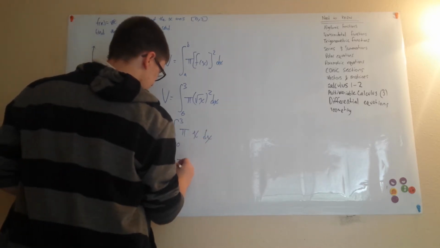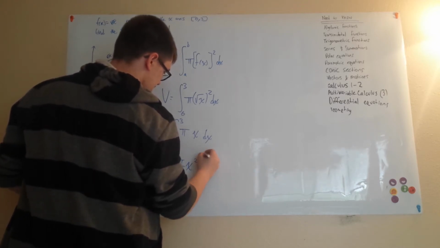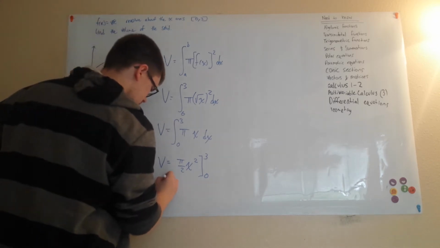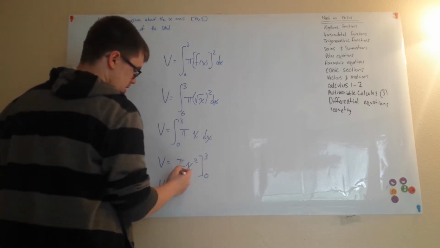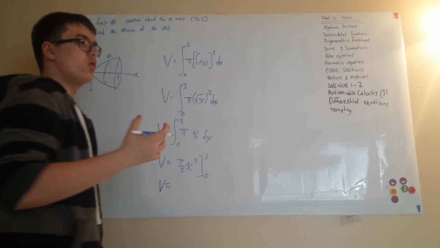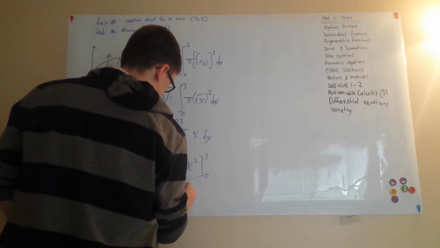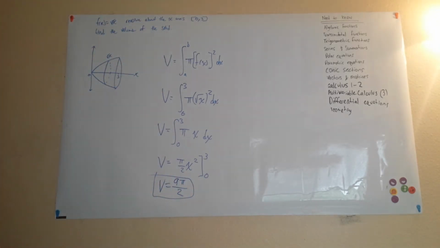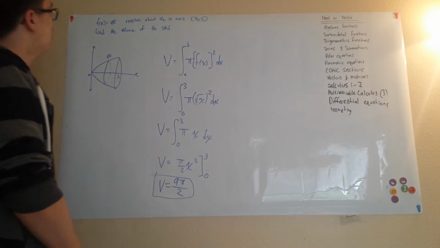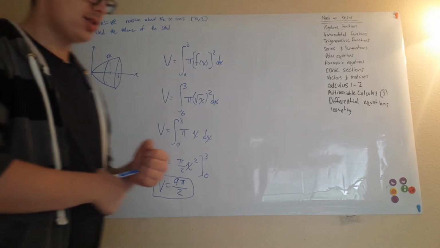Well, this is pi over 2 x squared from 0 to 3. If we plug in 0, it's going to give you nothing. If we plug in 3, we get what? 3 squared is 9. So it's 9 pi over 2. That's my volume from 0 to 3 of the root function. Very interesting. Doesn't it seem kind of easy?